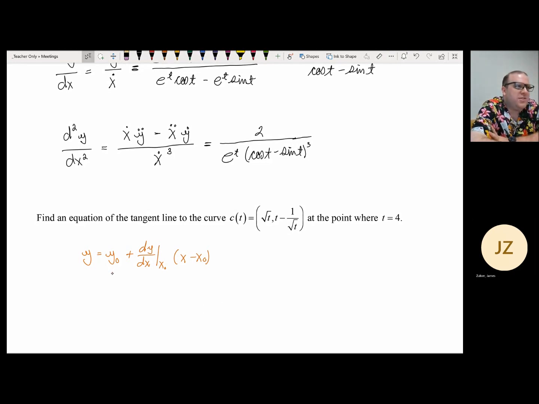We have to find that y naught. We have to find dy dx at the point x naught. And then we have to actually find x naught. Well, dy dx at the point, oh, that's easy to do.